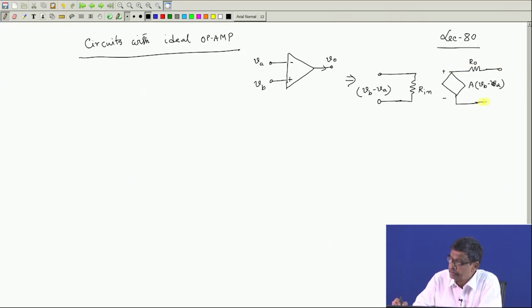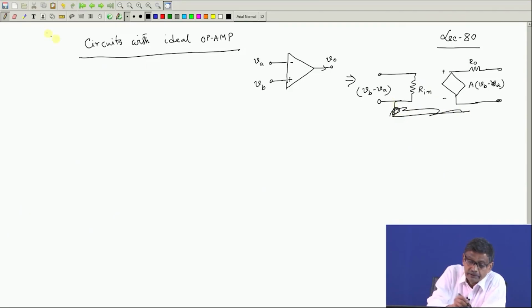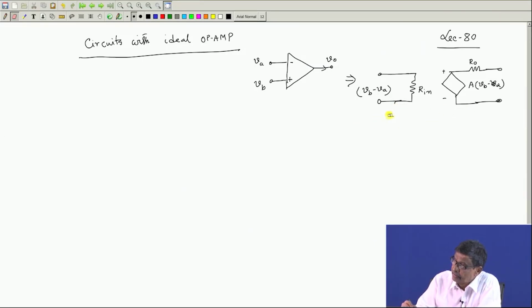These two terminals take VB minus VA. Now, all these potentials are with respect to ground. This is your V naught, VA is this one, and VB is this one, with respect to that common ground.